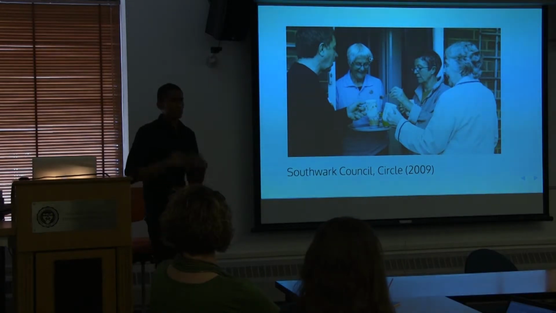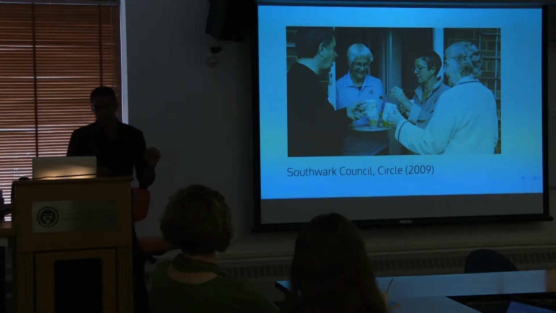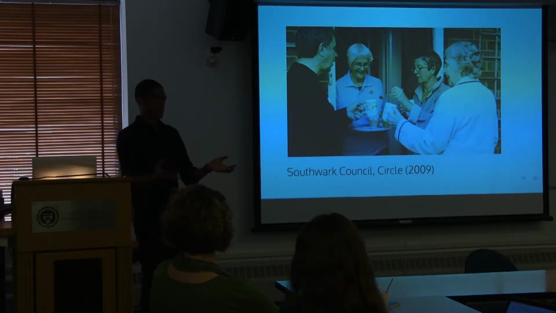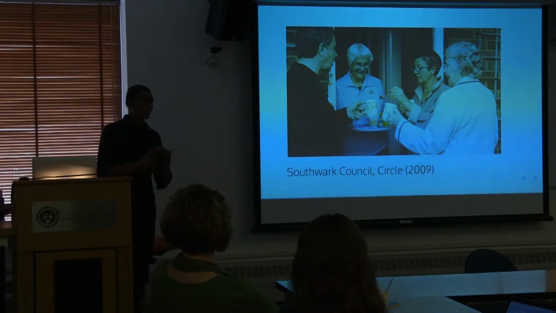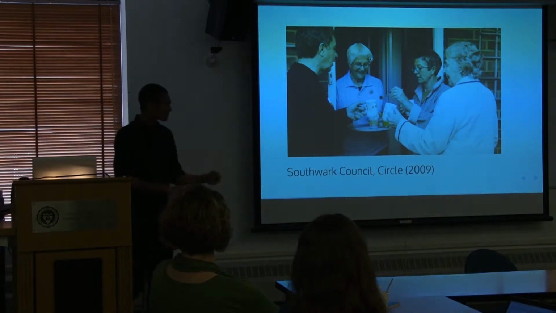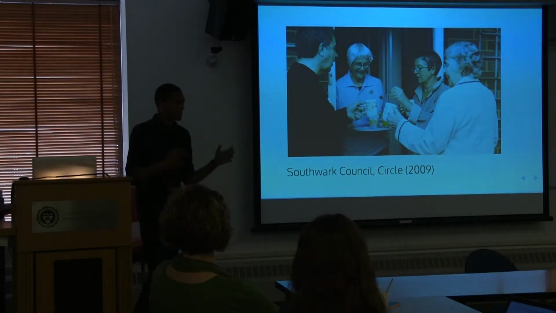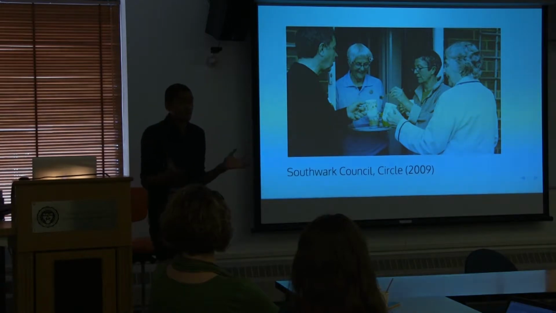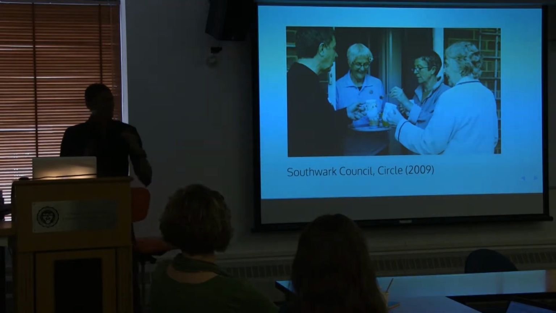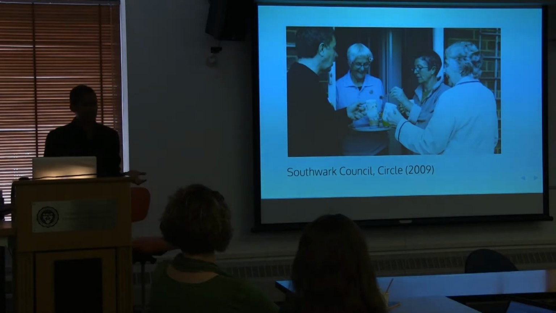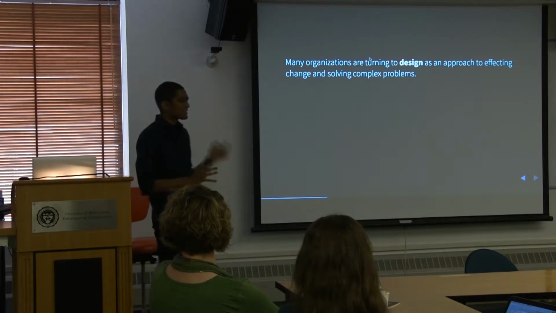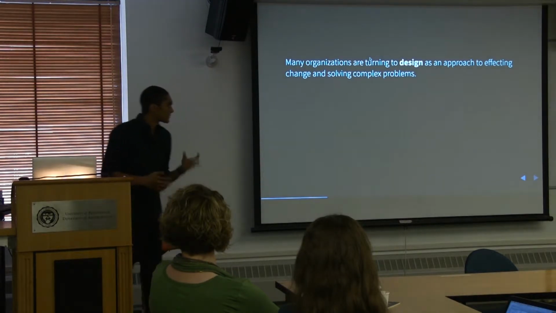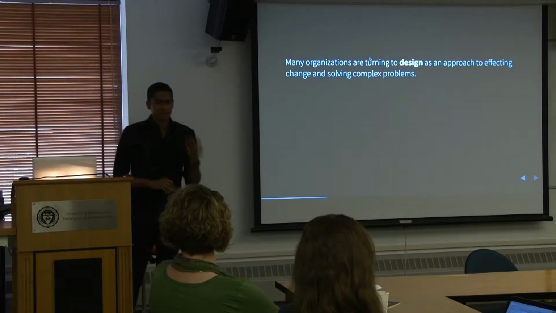And this work has gone on to different parts of England, actually, and has been funded in various respects. Two or so have fallen off, but two still remain. And these circles became these social hubs for the elderly to connect and to take a new perspective on welfare, essentially. And so I think my point here is that many organizations are trying to use design as an approach for affecting change and solving some of their complex problems.